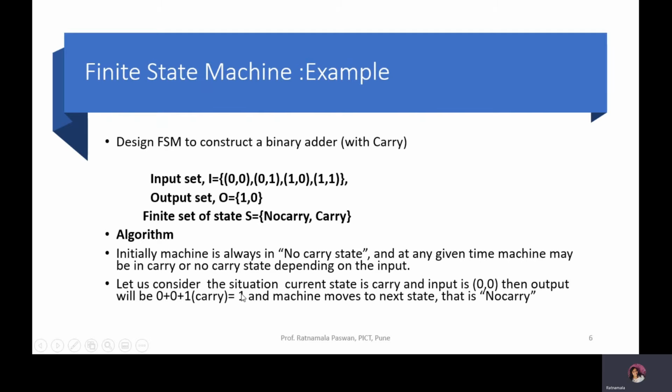The output is 1, and since there is no carry produced from this addition, the machine moves to the next state, that is no carry state. So this must be clear: what is the current state and what is the current input. Based on that the addition will happen, and based on that the decision will be taken.